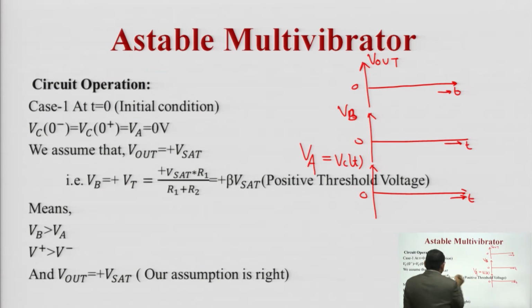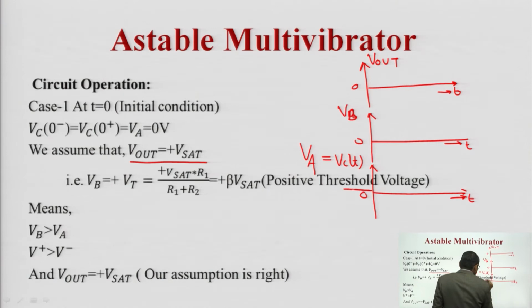Now, we assume that V out equals plus V_sat. We assume that initially at t equal to 0 or less than 0, the capacitor is discharged, V_C(t) equals 0, and V out is plus V_sat. If V out equals plus V_sat, then definitely V_B equals plus V_T, the threshold voltage.